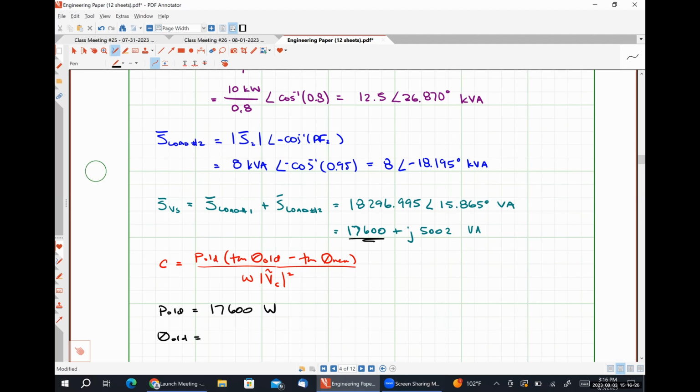What's theta old? 15.865 degrees, because we're looking for an angle. The volt amperes are really the units of this part over here. I just put the end of the complex.